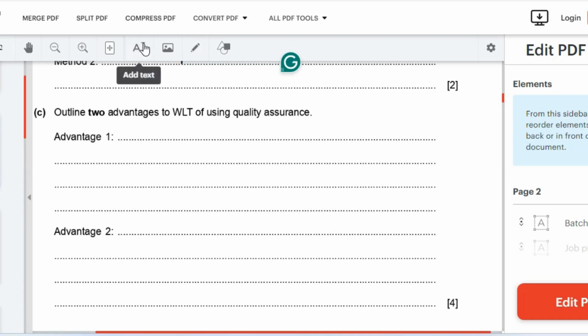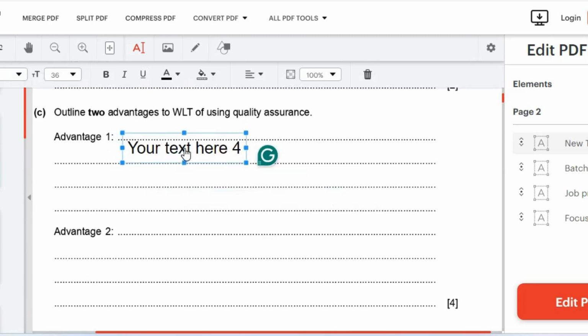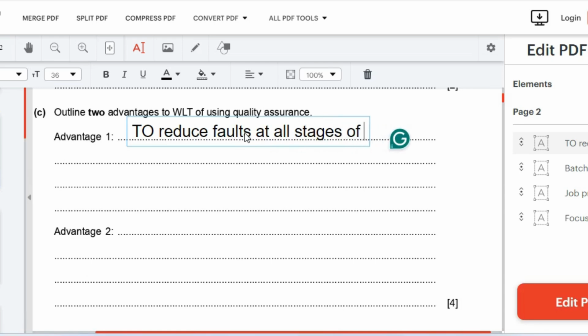Let us try to write this out for proper understanding and when answering the question. To reduce faults at all stages of production.